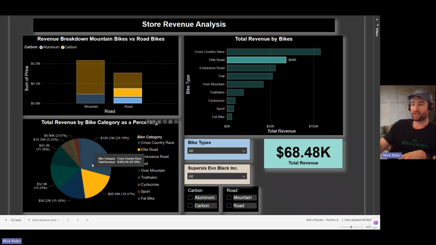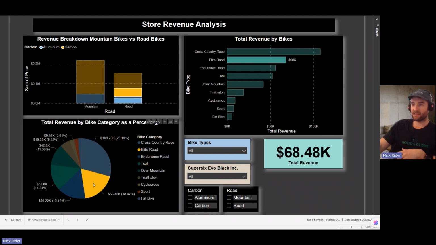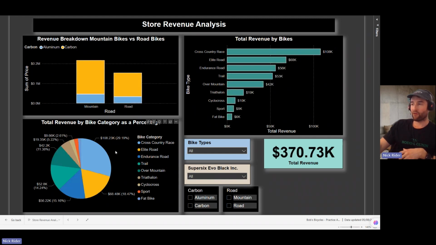So they're the two categories there that make up more than half of his annual revenue. So from an inventory perspective, having a good, solid, strong relationship with the supplier that's manufacturing those road bikes would be very advantageous to Bob.